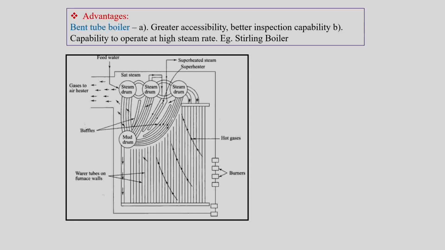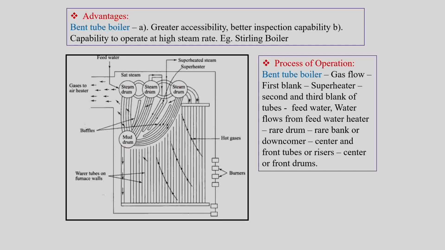The schematic of such a boiler would look like this, where the tubes connect to the different drums. This is a 3 drum Stirling boiler where we have drums 1, 2 and 3, and there is one more drum. This drum is called the mud drum, since it collects unnecessary precipitates from the water, and the tubes connecting to the different drums are not straight; they are bent tubes.